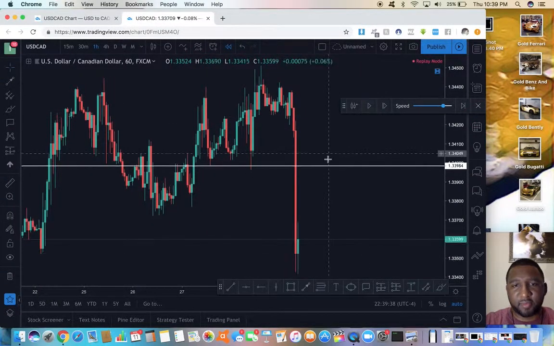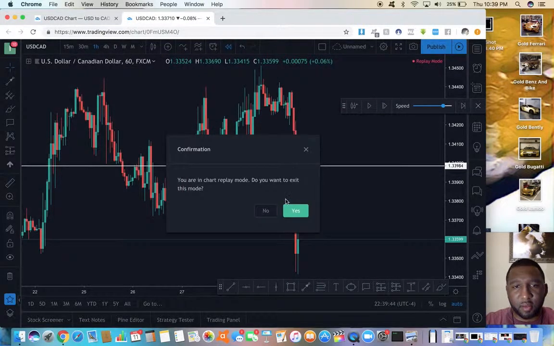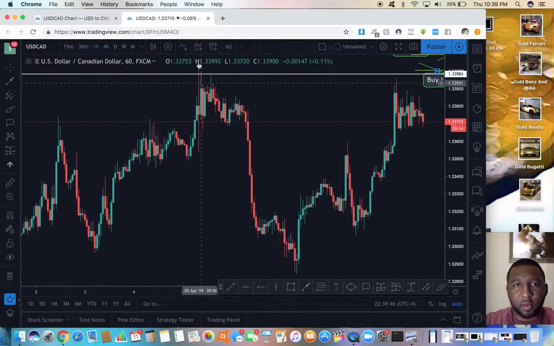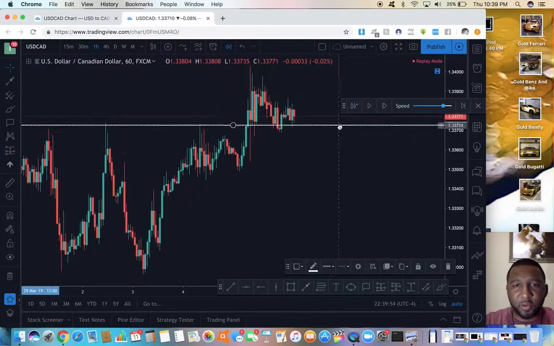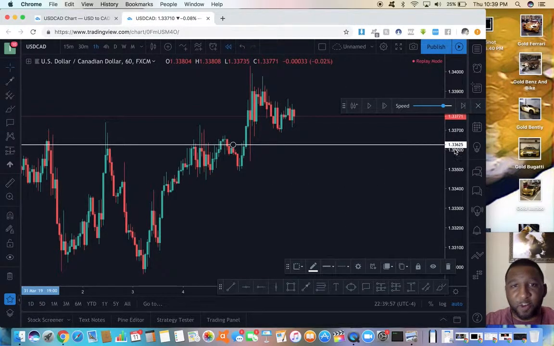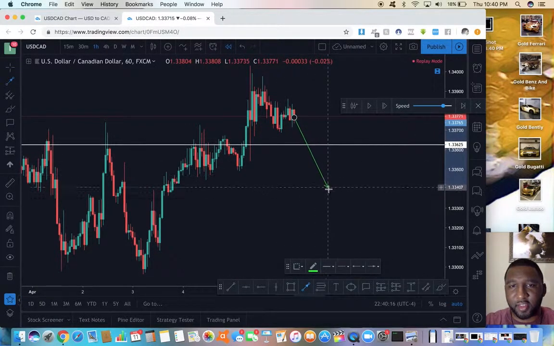All right, now, you saw it move down, right? Let's just say you expected the market to come down. You could literally put in an order here, right, for a sell stop, because you believe it's going to come down, hit this line, and keep on going, right? And you're going to put the sell stop in for 1.33625. So you believe the market is going to just come on down like this and keep on going.